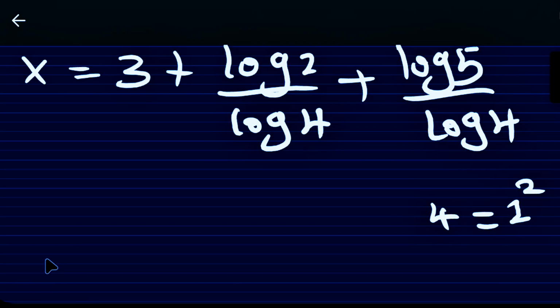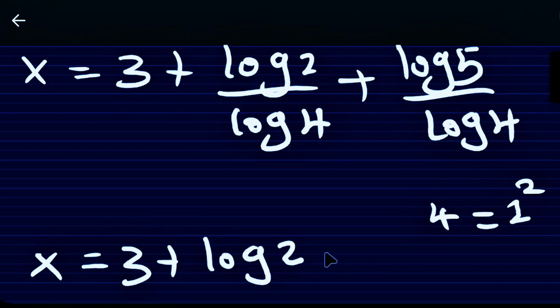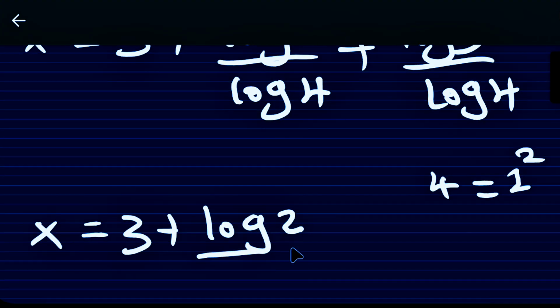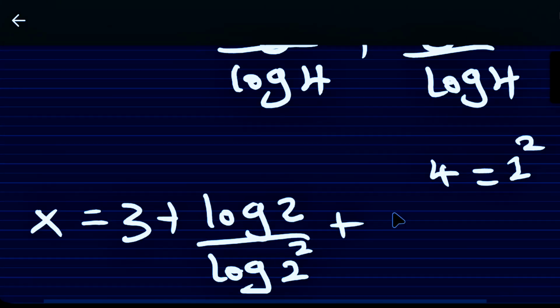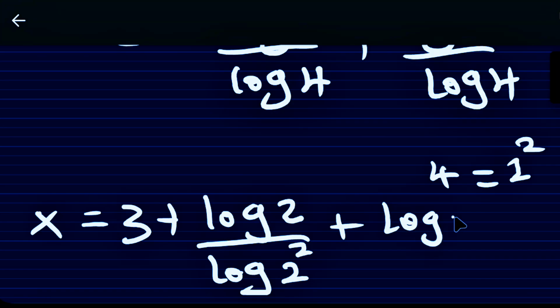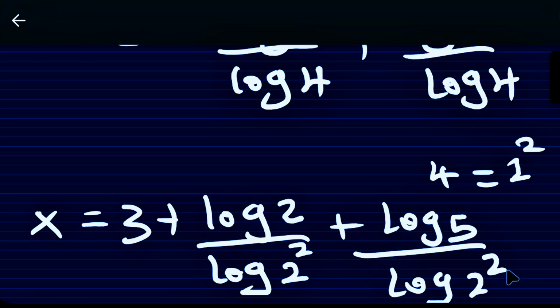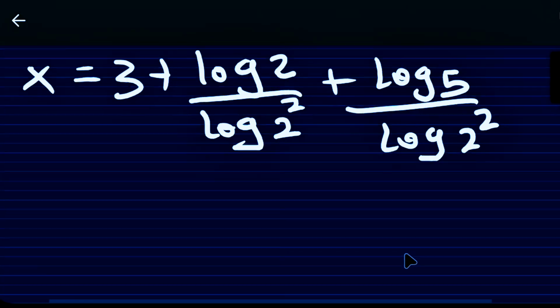So if that is the case, we are going to have that x equals (3 + log 2) divided by log 2 squared, then plus log 5 divided by log 2 squared. Okay, so this is what we have from here.